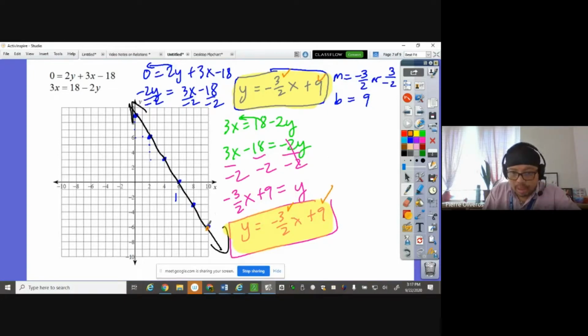So it means the graph will be perfectly the same. So did they intersect? Yes, they intersected. Everything intersected. So what's the answer here? You can write there all real numbers. You can write there infinitely many solutions.